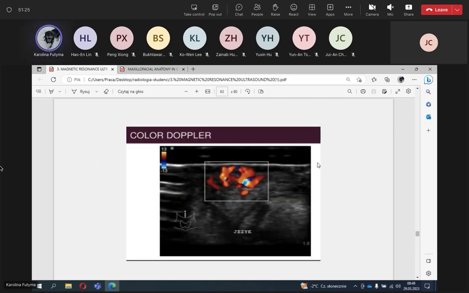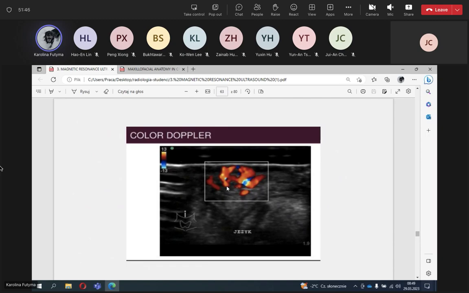And here we have another example of our color Doppler. This is the ultrasound examination of our tongue. And here we have some blood vessels. We cannot describe whether they are arteries or veins.